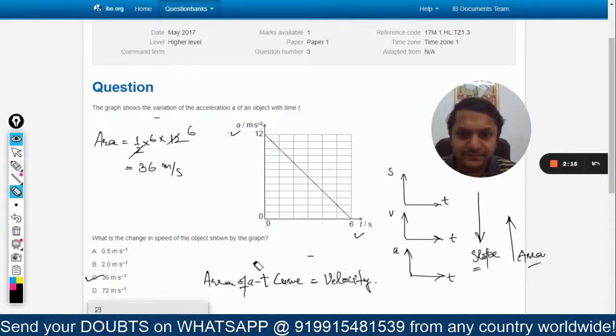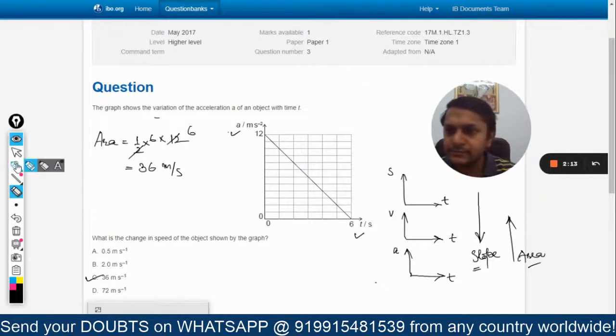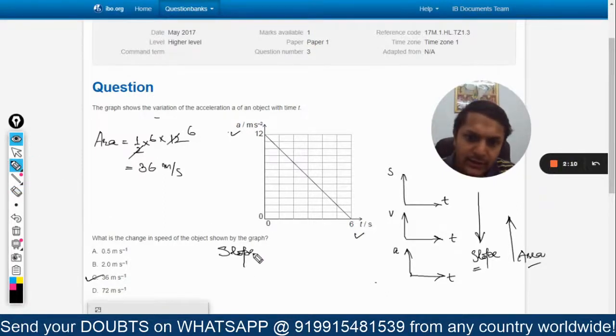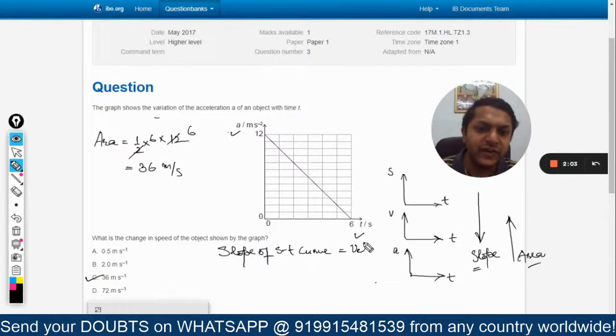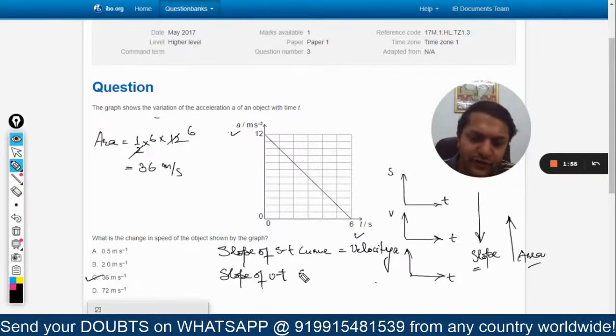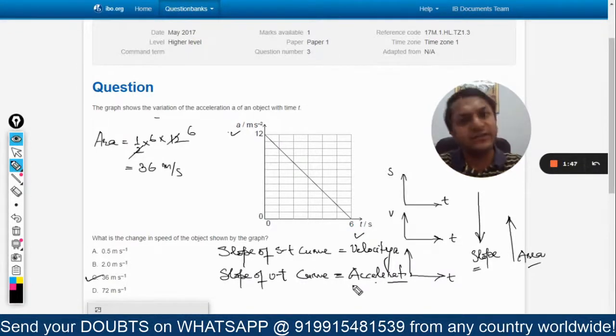Slope means that the slope of the ST curve, now we are moving downwards, will give you velocity, the instantaneous velocity at that time, and the slope of the VT curve will give you the acceleration, the instantaneous acceleration.